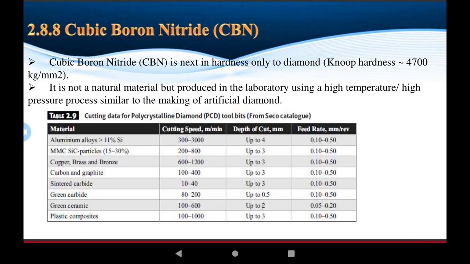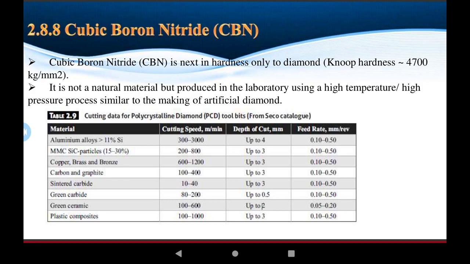Depth of cut is up to 4 mm. The feed rate of the diamond material is 0.10 to 0.50 mm per revolution, and for the particle 13 to 15% silicon is added to the composition of this material.